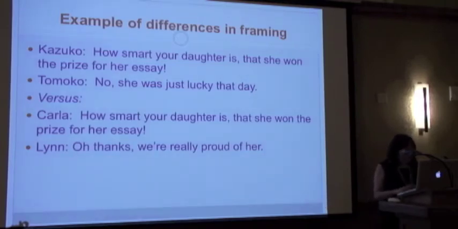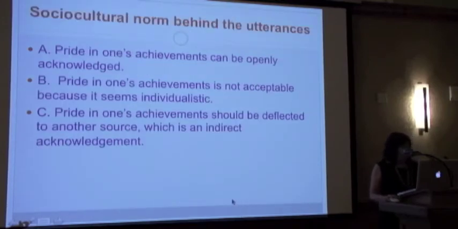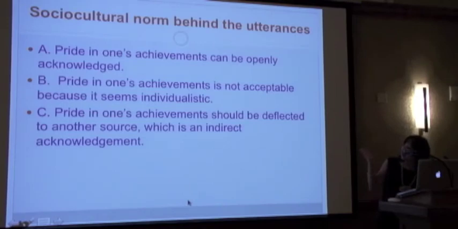So the issues of framing also come up. And this is how you would probably describe them in Japanese society. The pride in one's achievements is not openly acknowledged, and it seems individualistic, whereas your achievement should be deflected to another source, which is an indirect way of acknowledging it.